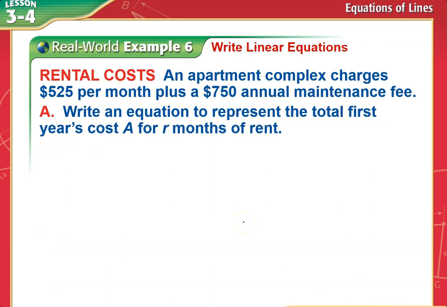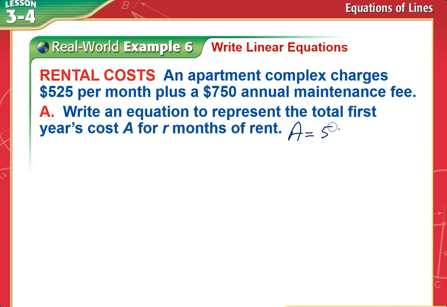All right, we have a real-world example. We're going to write a linear equation. Rental cost, an apartment complex charges $525 per month plus a $750 annual maintenance fee. We're going to write an equation that represents the total first year's cost A for R months of rent. So we're going to say A is equal to, and then we do have something that's going up every month. It's $525 per month.